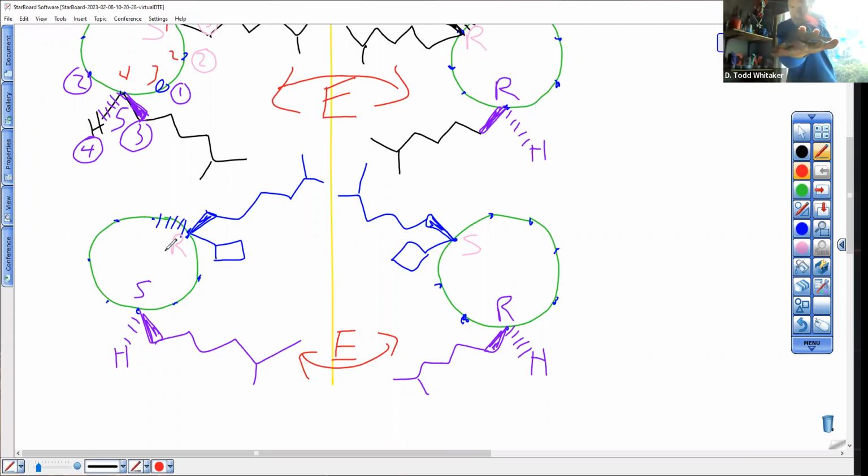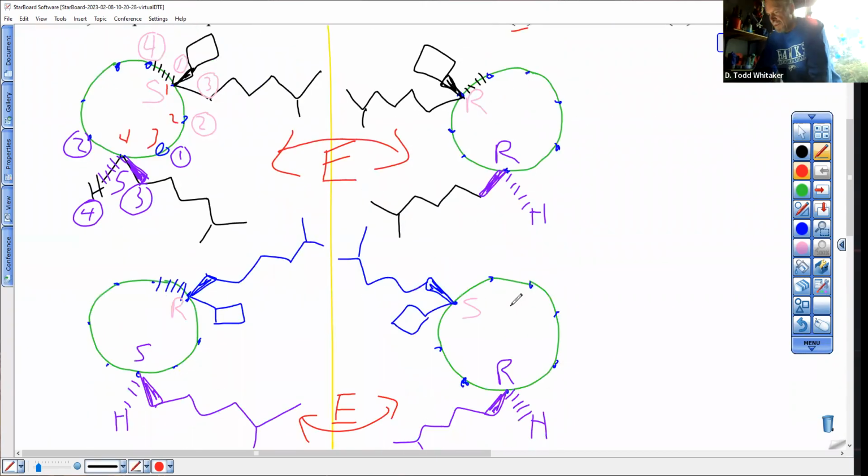A pinky does not match a thumb. Similarly, an index finger doesn't match a ring finger. They're non-superimposable mirror images. What's the relationship between your hands called? You said it, enantiomers.